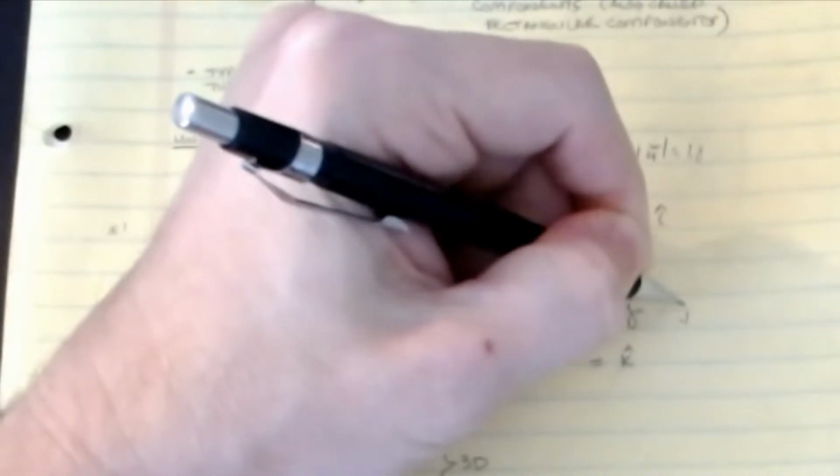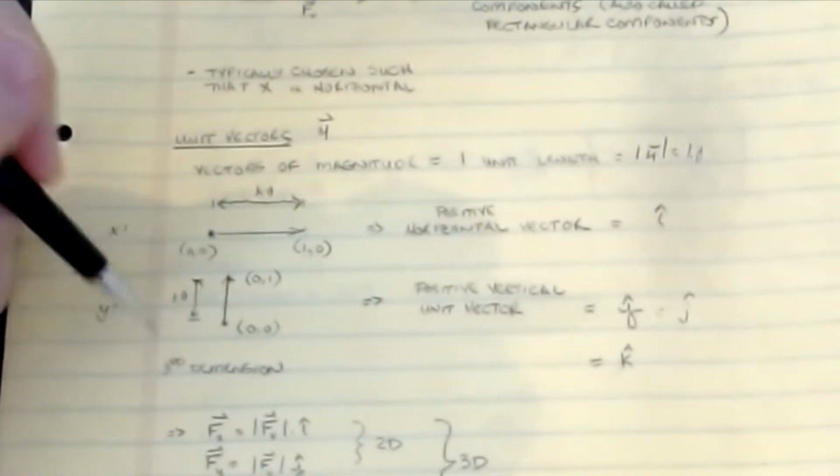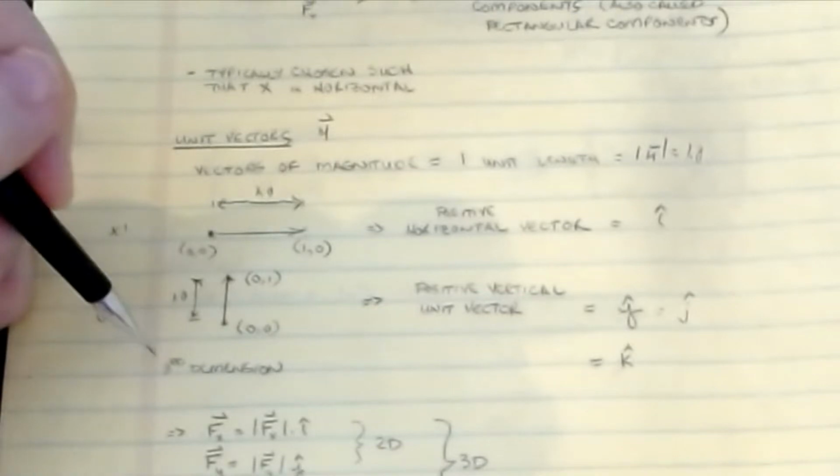I prefer to write it as a kind of script j with a hat, so maybe you see it that way or maybe it's bold in the book. This is just the way I've always written it. It doesn't matter as long as you know what it represents. So here's my i, here's my j, and then of course in the third dimension, z, you could go out from 0 to 1, and that would be a k vector.